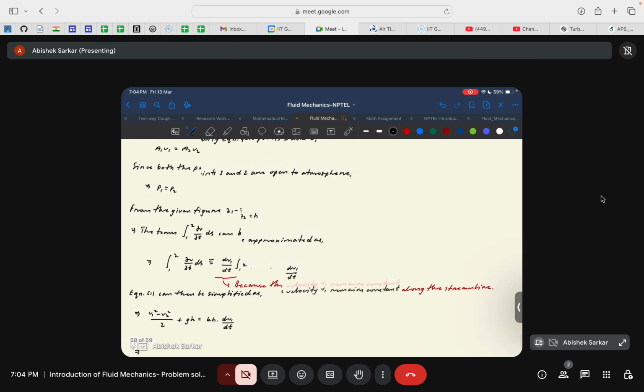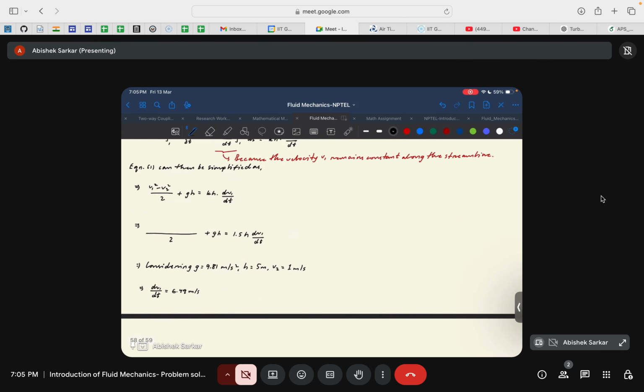Yes, that's fine. So v2 we know, and we have V1 A1 equal to V2 A2. So V1 would be V2 times A2 by A1, correct?